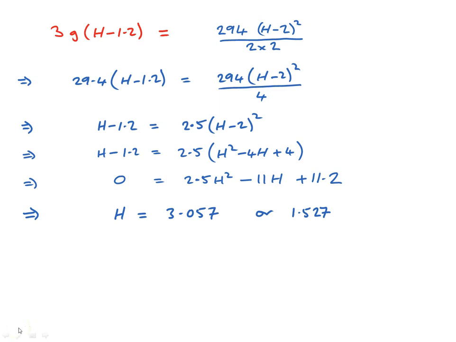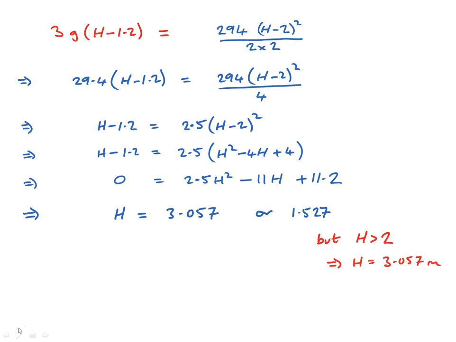Now when h is 1.527, the string is still slack, so the particle is falling with acceleration 9.8 meters per second squared. So at that point it can't possibly be stationary and at its lowest point. So we must have a solution which is more than 2 meters. So the solution we're going to take is that the lowest point is 3.057 meters below the ceiling.